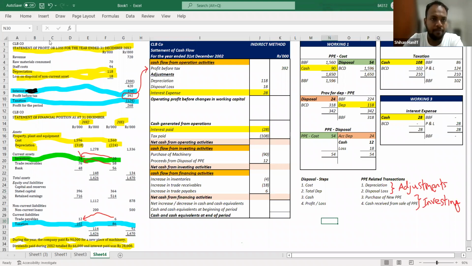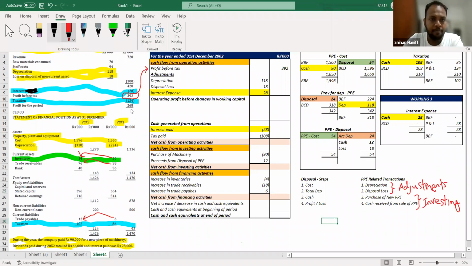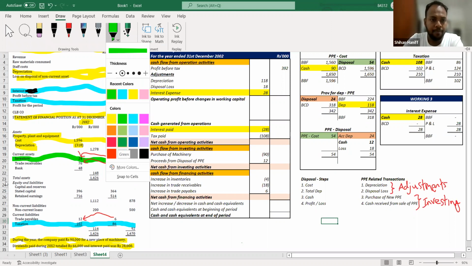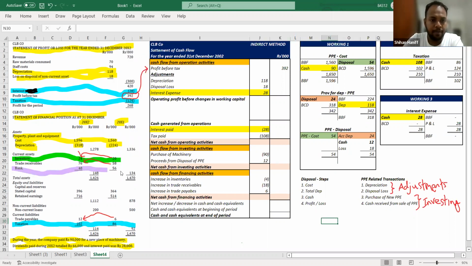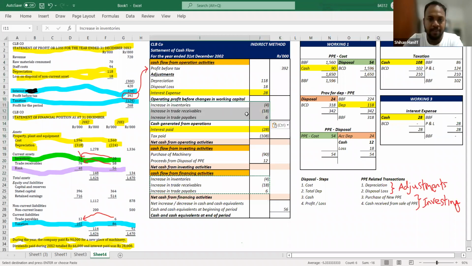Now what we have? Bank. Opening balance comes here, 56. The closing balance should be 48. Once you complete all these, your answer should be 48. Where did I take? Sorry, a small mistake. This goes here, changes in working capital.